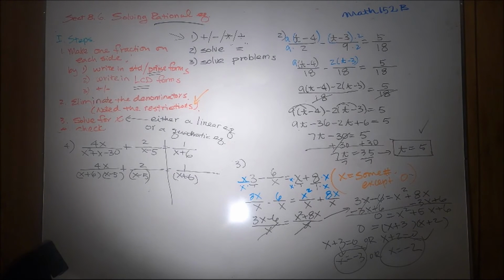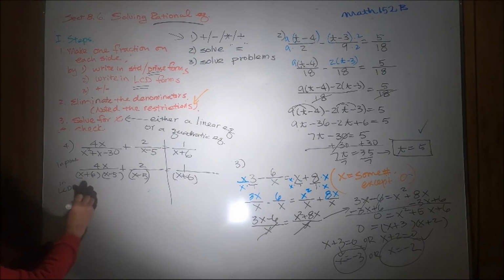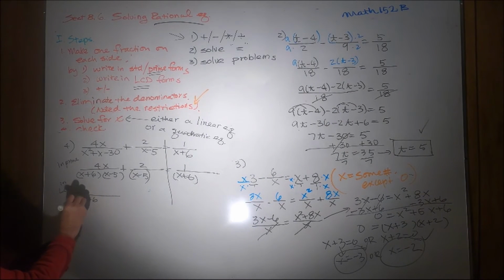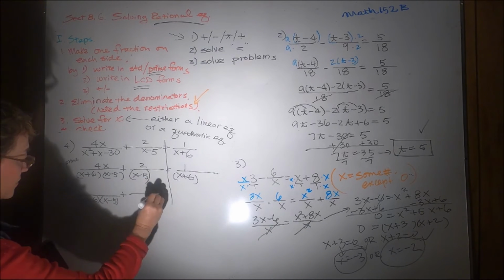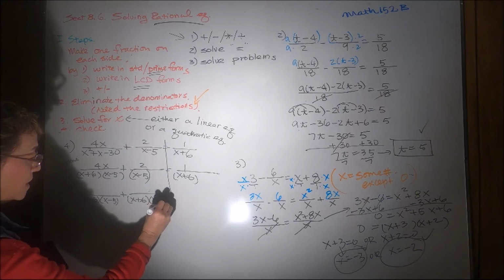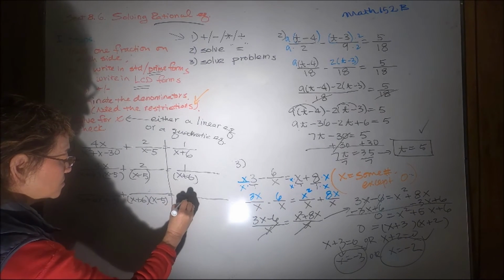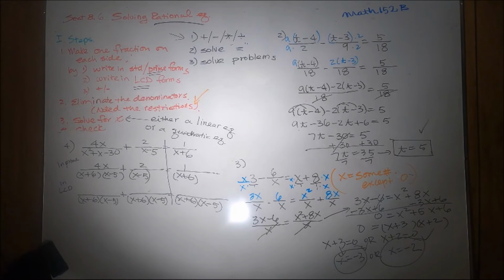Then this is in prime form. Then we will write it in LCD form for all of them. What do you think your LCD would be? x plus 6, x minus 5, right? To cover all of them: x plus 6, x minus 5.